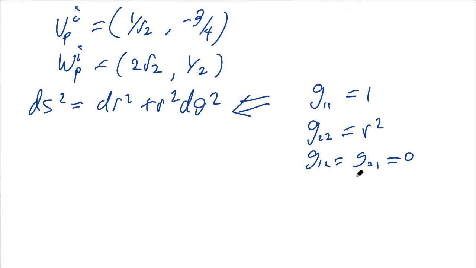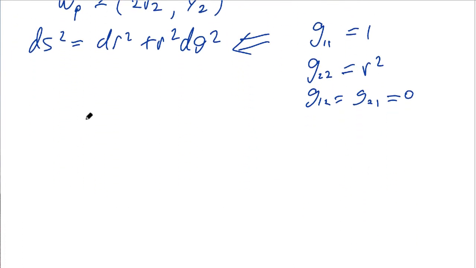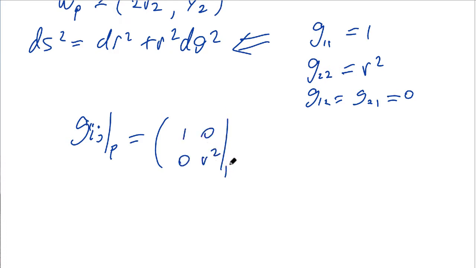So we can write this as a matrix, and at point P, this is just 1, 0, 0, r squared. At point P, r squared is 8.